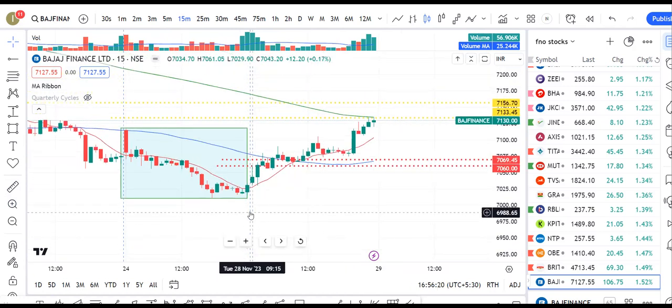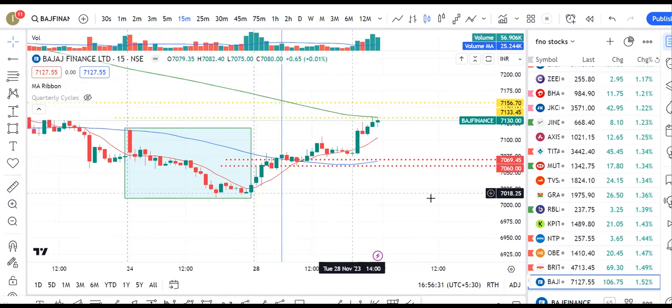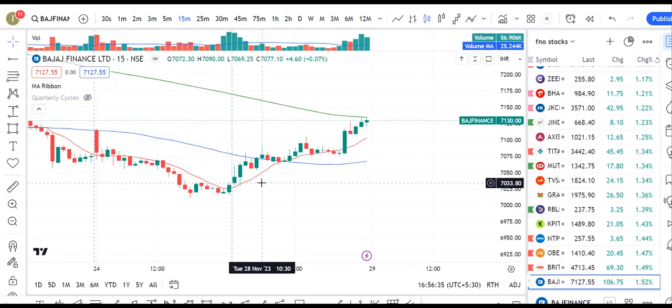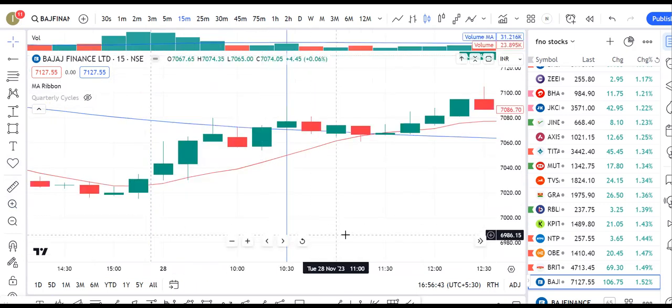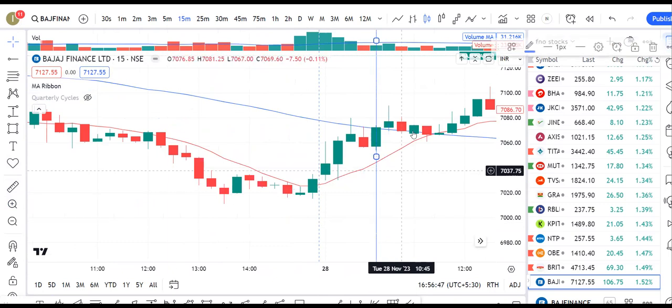From morning 9:15 to 10:30, that is one cycle. Okay, here 10:30 we'll put this one. So you have to find out the range. Okay, this is the range.